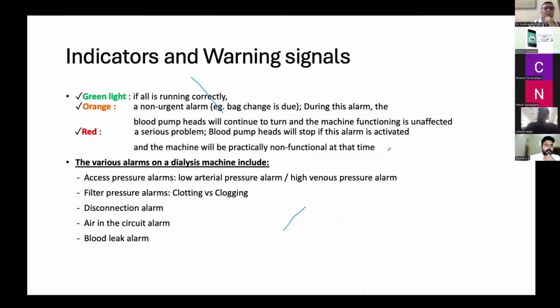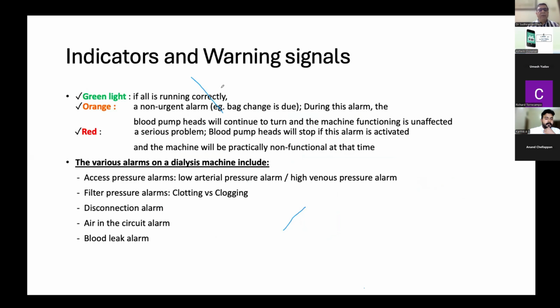So when you are turning on the CRRT circuit, there are indicators and warning signals. You have already known about it. If it is a green light, that indicates that the machine is running smoothly. An orange light indicates that there is no urgent alarm.